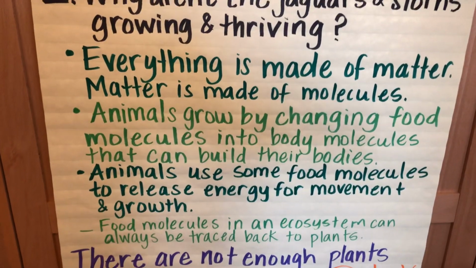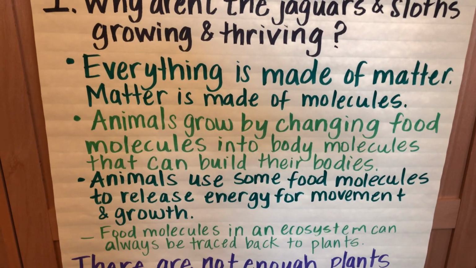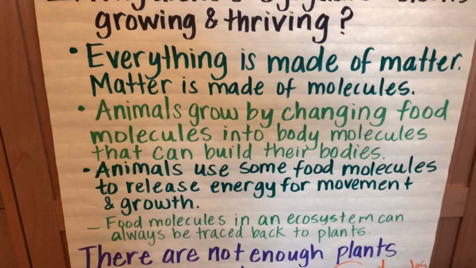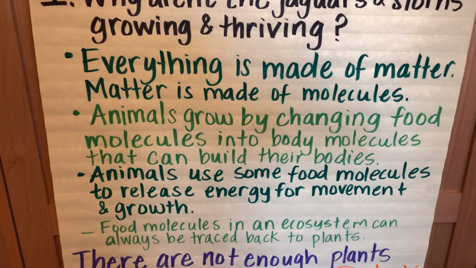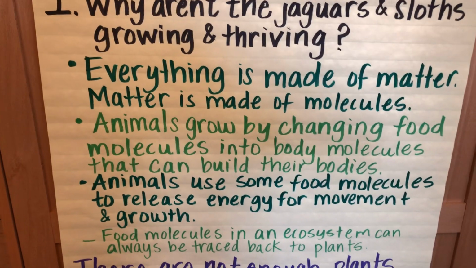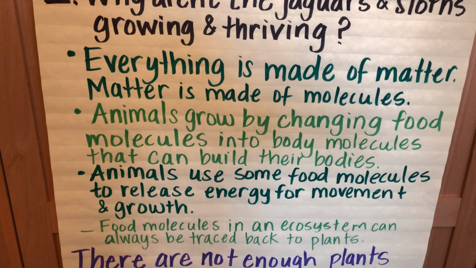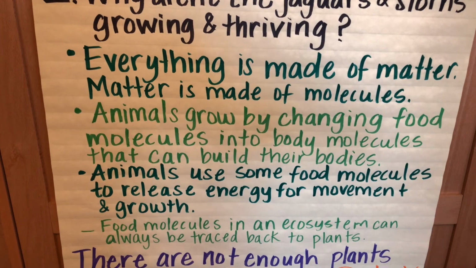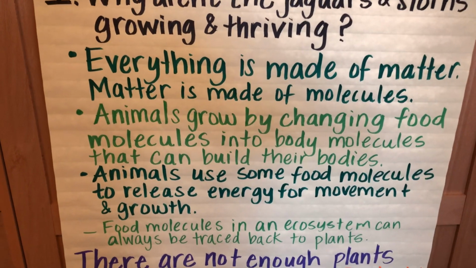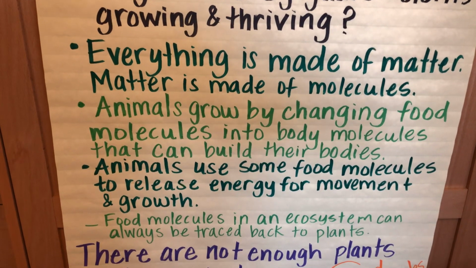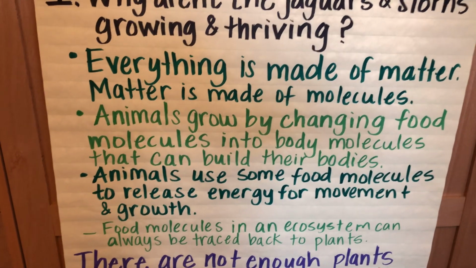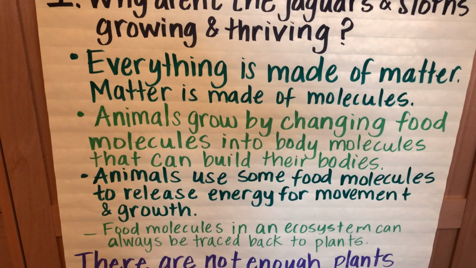We learned that everything is made of matter, and matter is made of molecules. We learned that animals grow by changing food molecules into body molecules that can build their bodies. And we also learned that animals use some food molecules to release energy for movement and growth, and that food molecules in an ecosystem can always be traced back to plants.